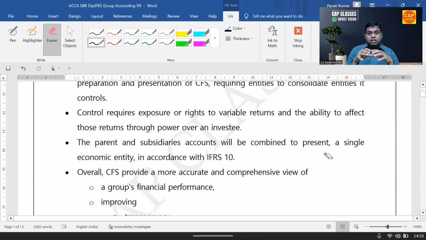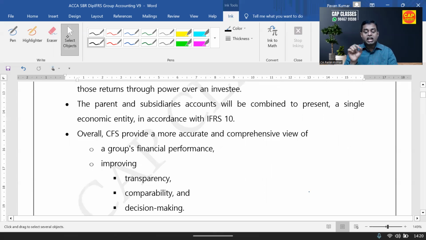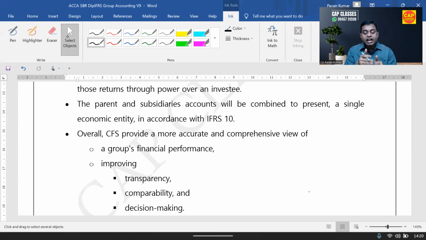When you prepare the financial statements of the group, you are not giving any weight to the separate legal entity status of both the companies. You are considering that as a single economic entity. That is one group for you. So look here, this bullet point says the parent and subsidiaries accounts will be combined to present a single economic entity in accordance with IFRS 10.